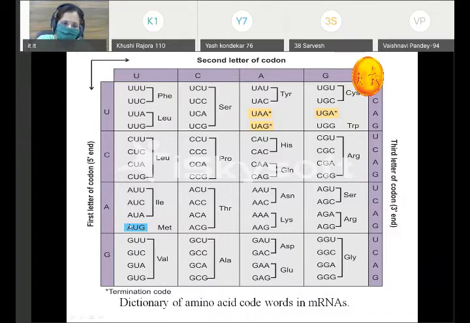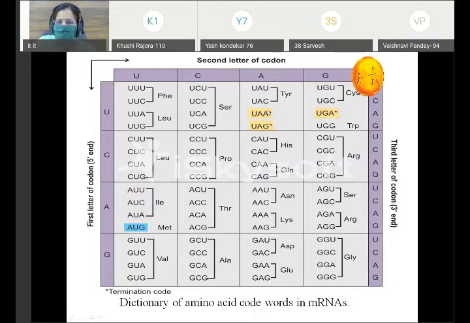In the slide, you can see this AUG. This AUG is a codon called the initiation codon, and it signifies the amino acid methionine. So you can say that every protein begins with an initiation codon AUG, and the first and foremost amino acid is methionine. Here you can see in yellow color with the star mark, these are UAA, UGA and UAG.